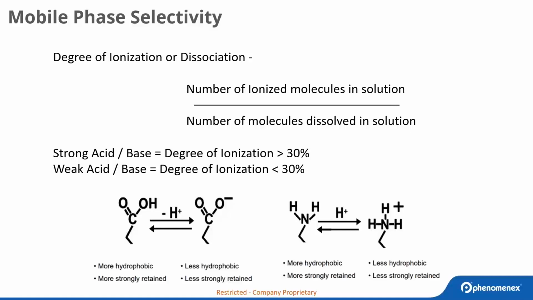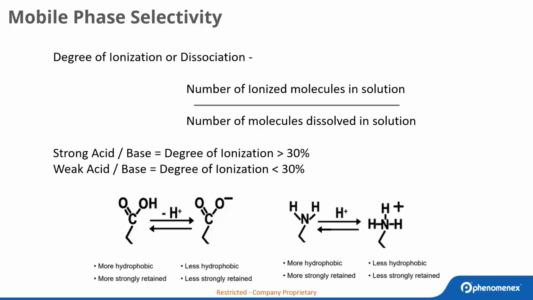Therefore, to understand the true significance of pH in mobile phase, we first need to understand the degree of ionization, or the degree of dissociation, of an acidic or basic molecule. The pH of the compound can indicate whether you're dealing with an acid or a base, but it offers limited information indicating the true strength of that acid or base.